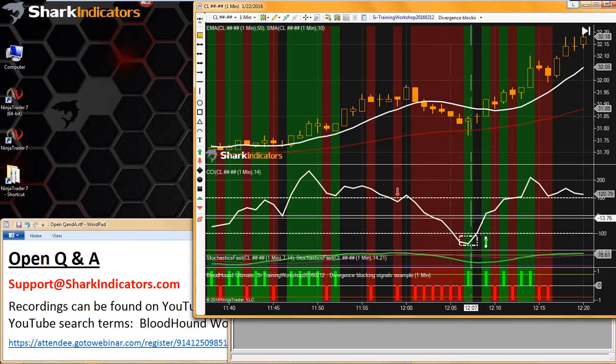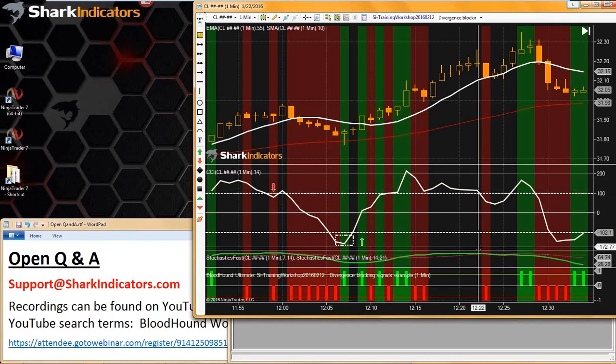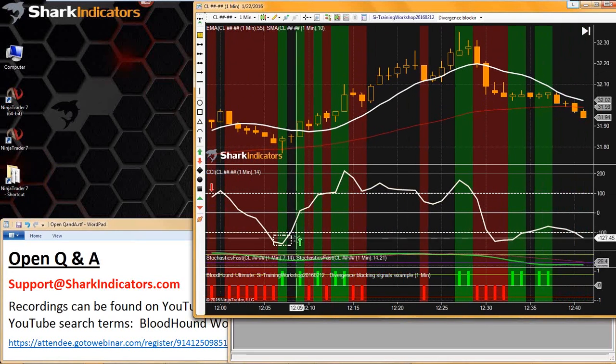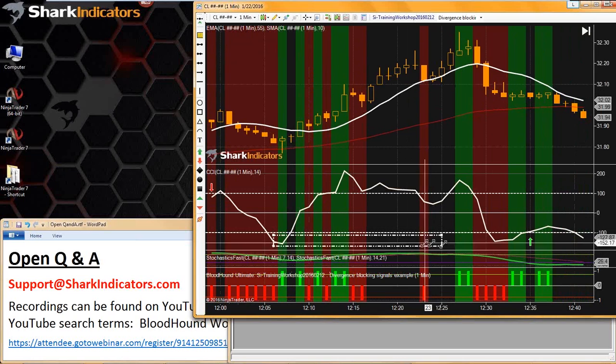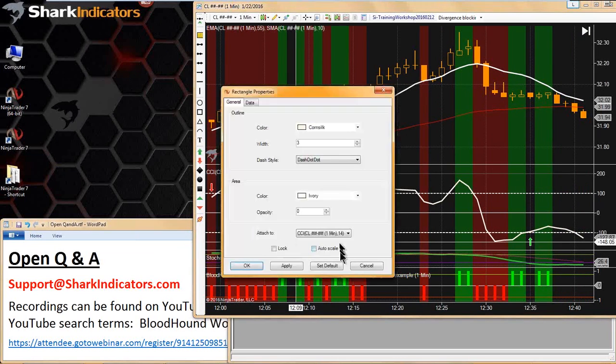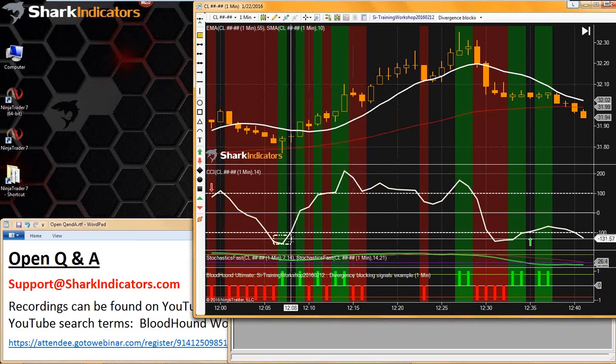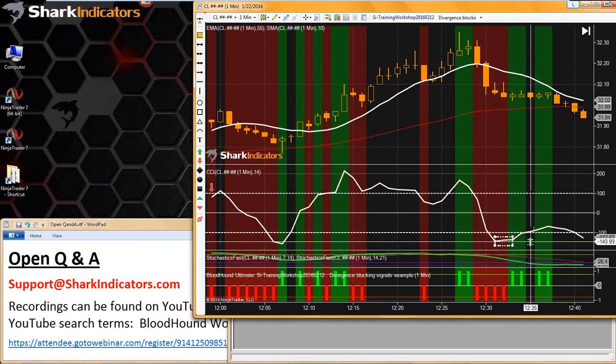So this one might be ignored. But this one would definitely count. It looks like the CCI is below negative 100 for more than 3 bars, so we should get a signal there.